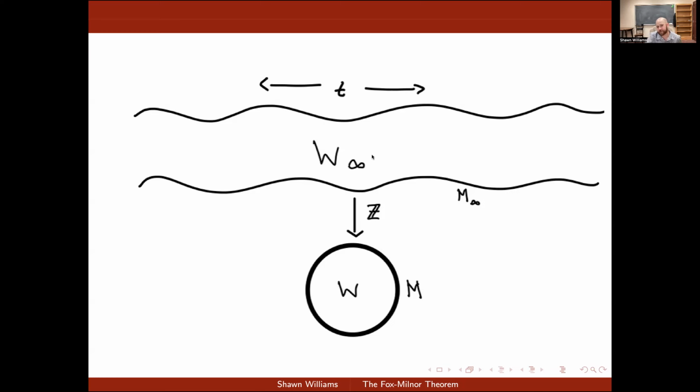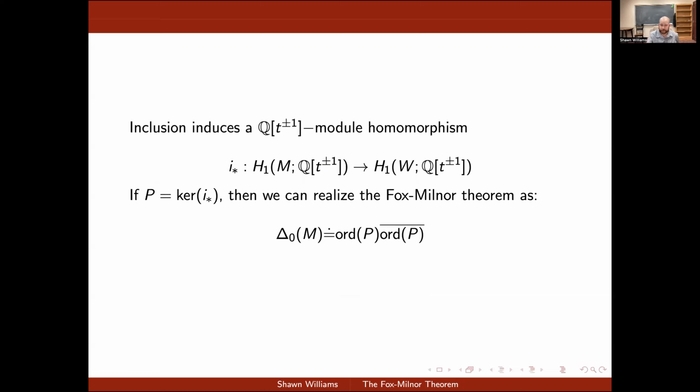So here what we can define is an Alexander module for W and an Alexander module for M, such that topological inclusion induces a homomorphism on the Alexander modules, because they're both defined with respect to the same coefficient group, or coefficient ring in this case.